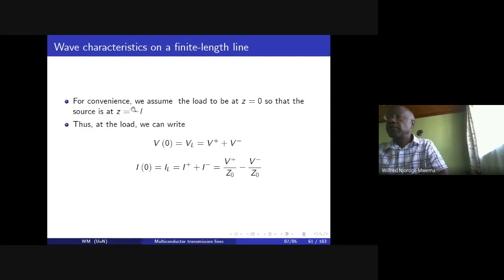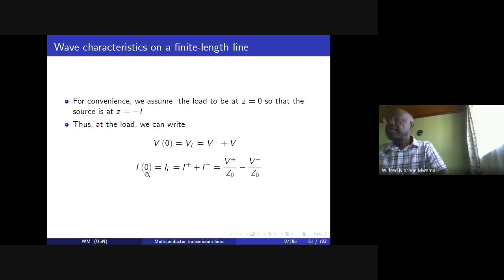And thus, at the load, we can use the transmission line expressions for the line voltage. The line voltage at Z equal to 0 is the same as the load voltage, and this must be given by V plus plus V minus. If in the exponents we replace Z by 0, those exponents will be exponent of 0, which is unity, and therefore we just get V plus plus V minus.